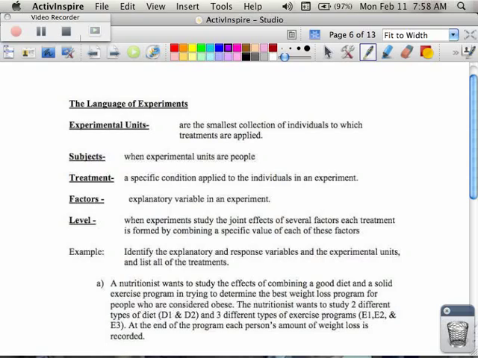A treatment is a condition that's applied to those individuals. A factor is the explanatory variable, which we call X. The levels: experiments study the joint effects of several factors, and each treatment is formed by combining a value for each of these factors, and you'll see what that means in the context of a problem.